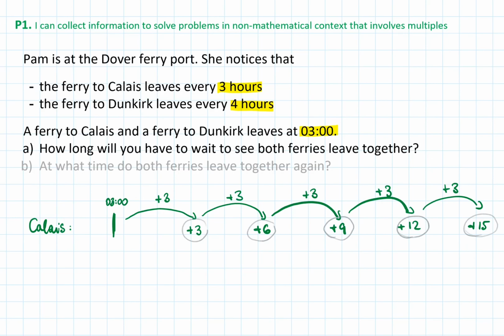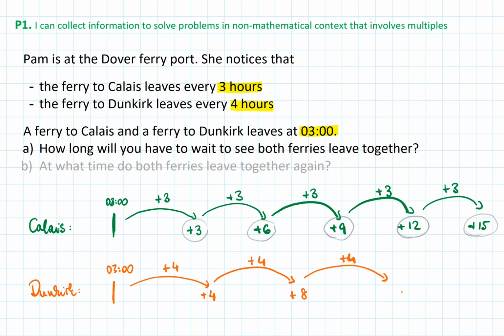Now if we do the same for the Dunkirk ferry, it again starts from 3 a.m. but it leaves after every 4 hours. So the first time it leaves is after 4 hours, and then another 4 hours, which will be after 8, and then another 4 hours.